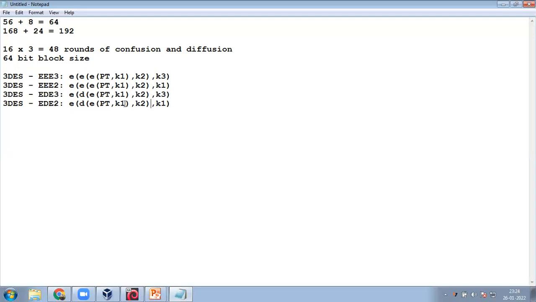If any of the subsequent encryptions or decryptions use the same key, then we get the plain text again. For example, if this is EDE2, the first iteration is K1 and the second should be K2 because it is encryption then decryption. If the second is K1, then this is equivalent to doing it with K2 only.